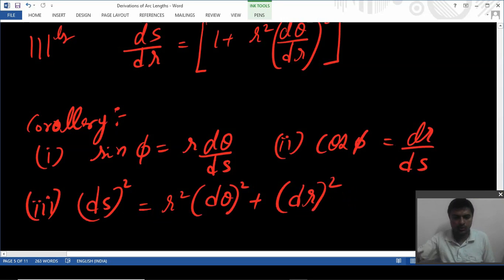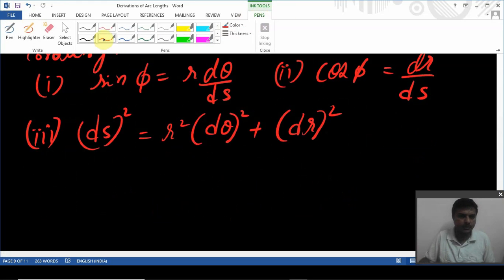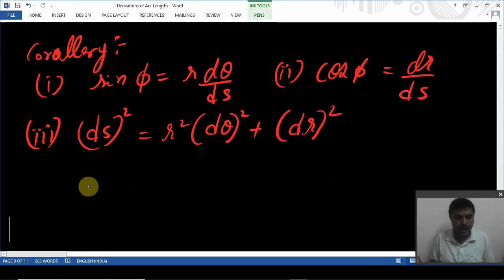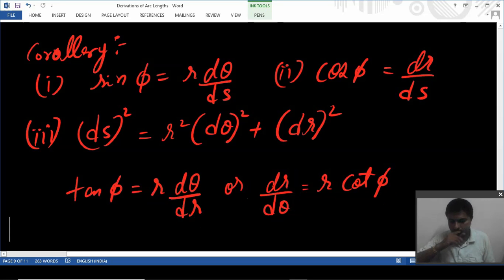And also we should know that, students, tan psi, we have come across, it is r d theta upon dr, or we should know that dr upon d theta is equal to r cos psi. These equations you will come across, which are very important, and please practice this.